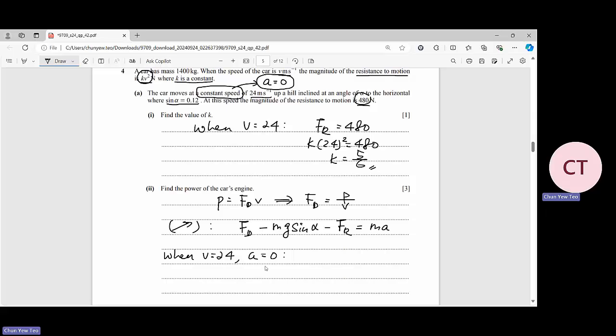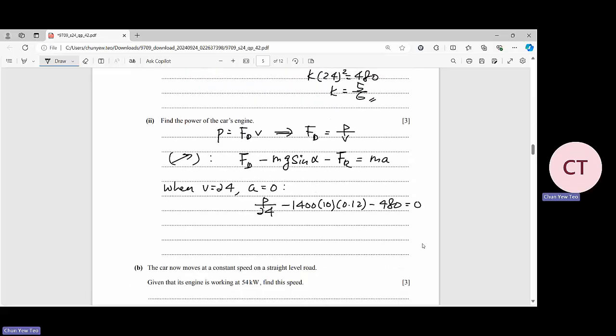So your driving force will be P over 24 minus 1400 g sine alpha minus the FR, 480, is equal to 0. Just like that. Then use your calculator. You can get P equals 51840 watts. Done. This will be the answer for part A 2.